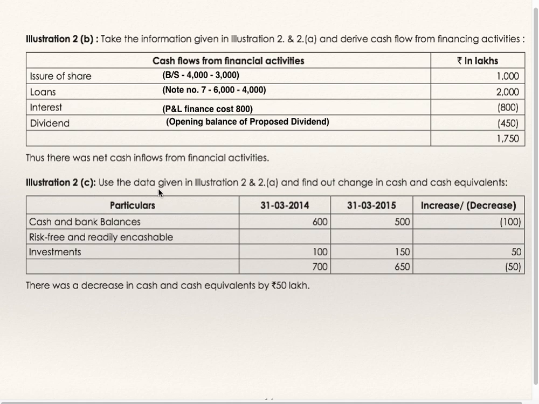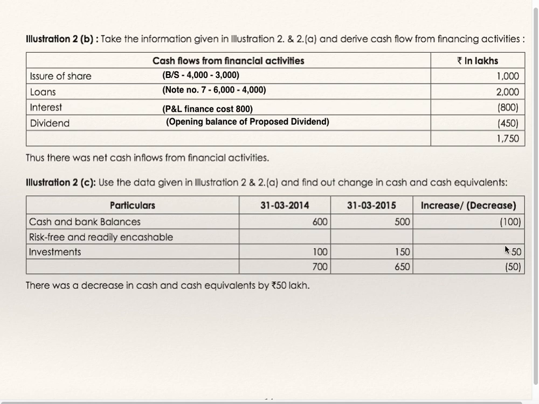Illustration 2C, using the data given in 2A, find out change in cash and cash equivalent. Cash and bank balance opening 600, closing 500. So decrease is 100. Cash equivalent, that is risk-free and readily encashable investments, opening 100, closing 150.